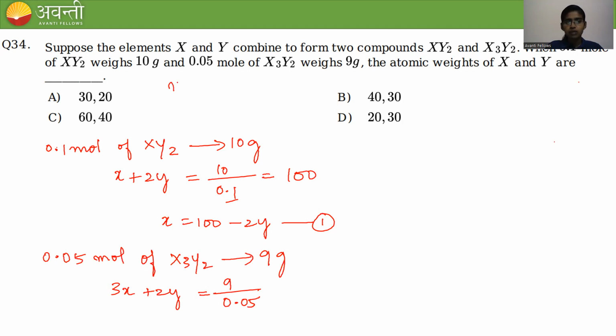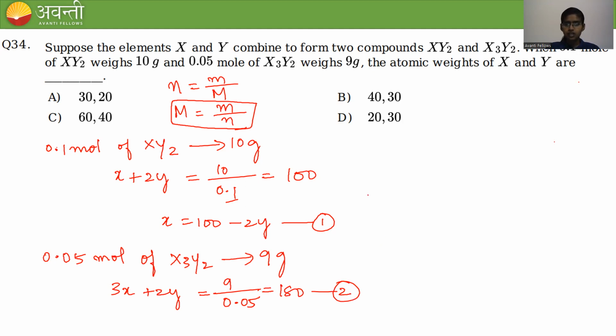So I am using number of moles is equal to mass by molar mass, from which the molar mass is equal to mass by number of moles. So this equation only I am using here. Okay. So 9 by 0.05 will give you 180. So this is taken as equation 2. Now substitute equation 1 in equation 2. So substitute the value of X in equation 2.